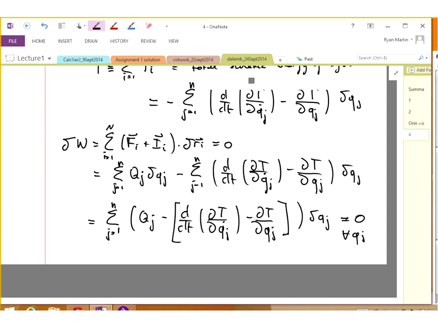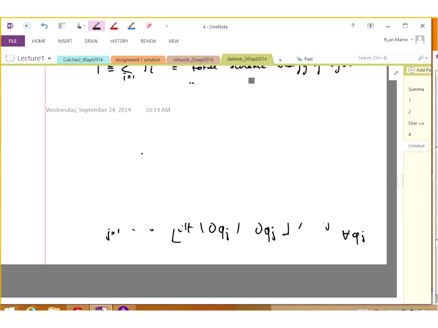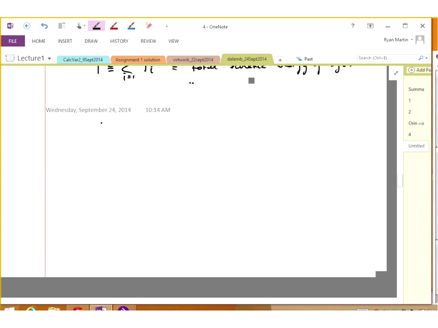And so we get our result that d by dt of ∂T/∂q̇j minus ∂T/∂qj is equal to capital Qj.